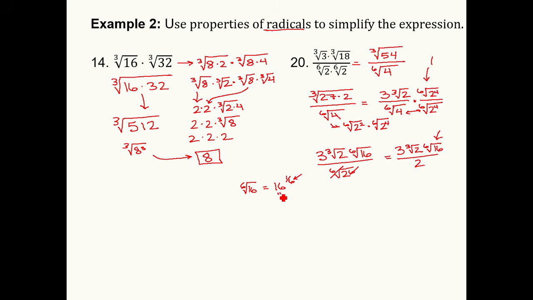So I'm going to call this 16 4 squared. So I have the sixth root of 4 squared. I haven't changed the value of anything. I've just rewritten it. That could be called 4 to the 2/6 power, which is really 4 to the 1/3 power. I can simplify the fraction in that exponent.